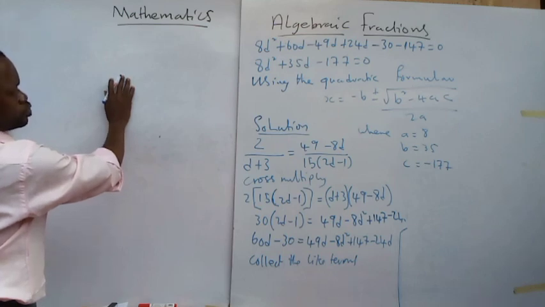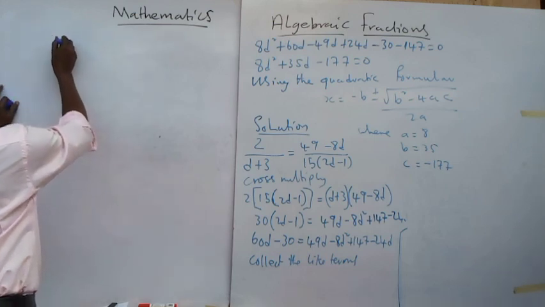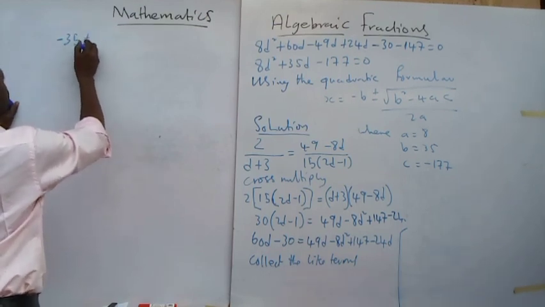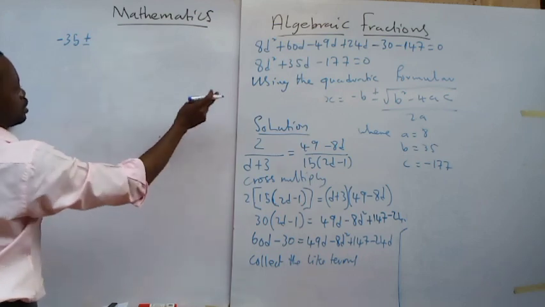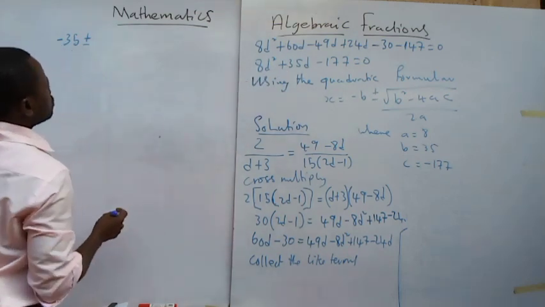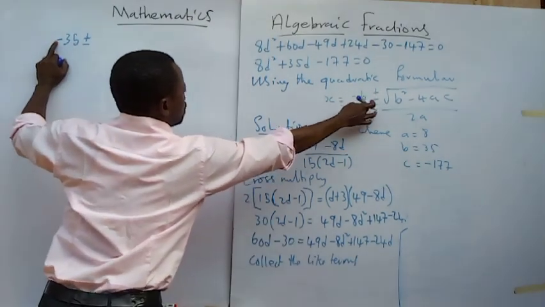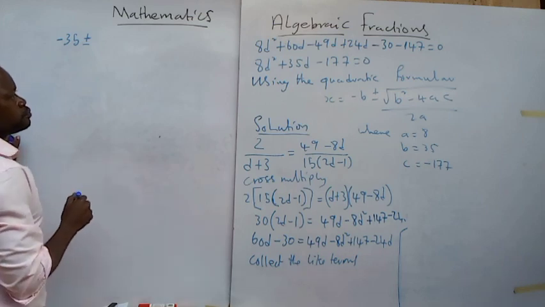We make the substitution. Minus b will be minus 35, plus or minus. Please, if this 35 is minus 35, remember this minus is the one in the expression, so it will be minus into minus 35. Take note of that, okay?